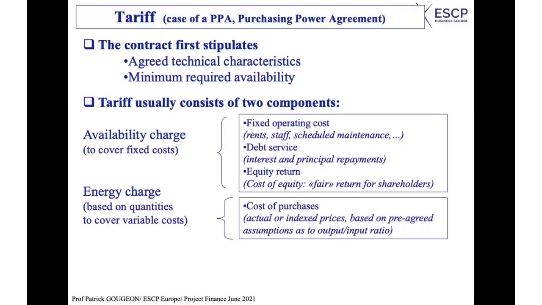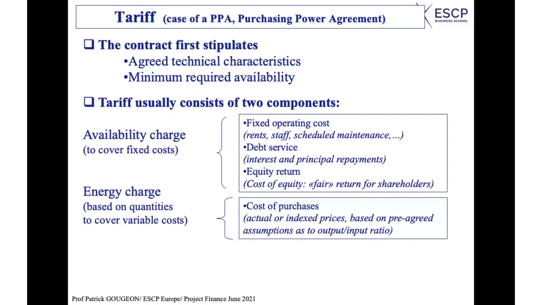Okay, for a certain technology, well, we know roughly what is the quantity of gas you need to produce 1 kilowatt hour of electricity. So based on this, we use this ratio to determine how much you need to be paid.